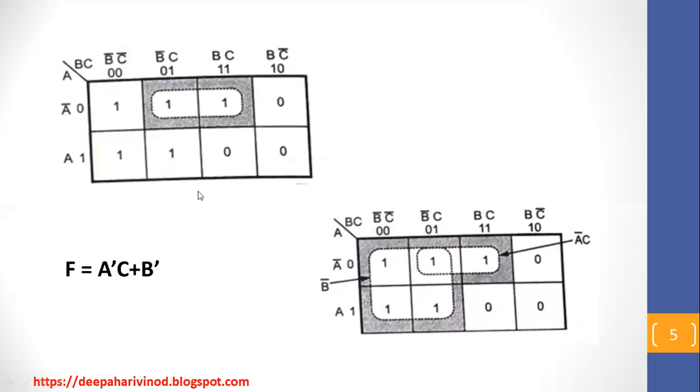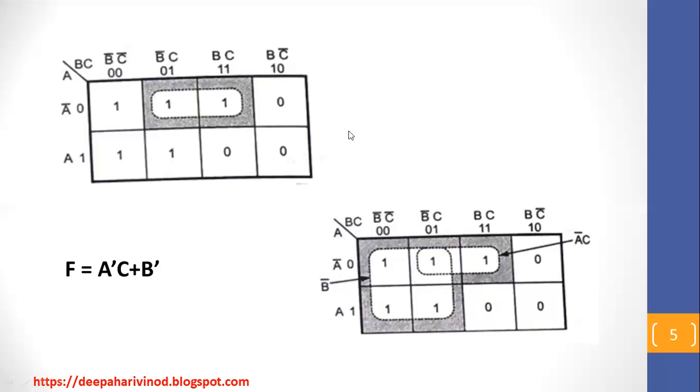First, we have to check for 8 ones, then go for 4 ones, then go for 2 ones in the adjacent cells. Always we have to check in the adjacent cells, and keep note that it is not diagonal. Only in the straight way, either row wise or column wise, not in the diagonal form. So here we can observe that we have 4 ones together, isn't it?